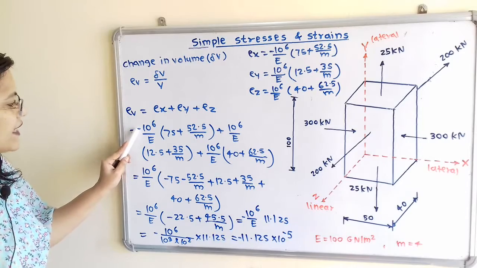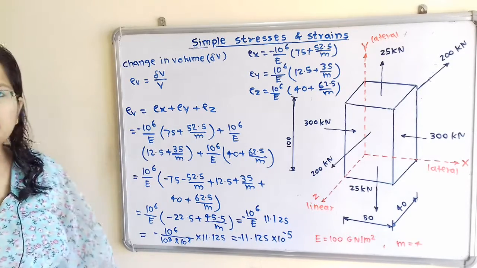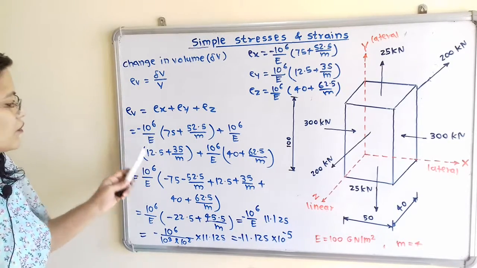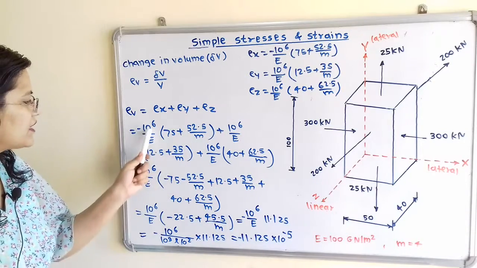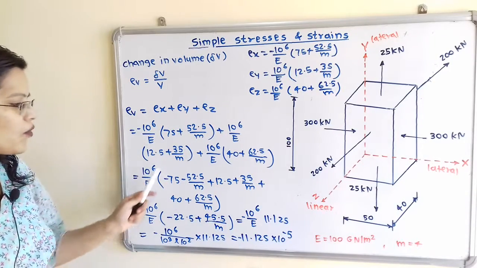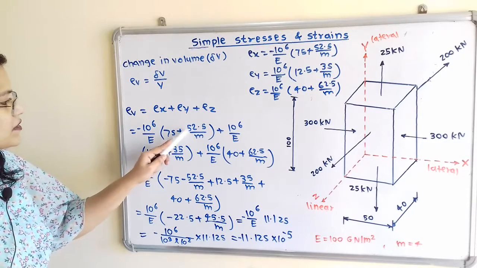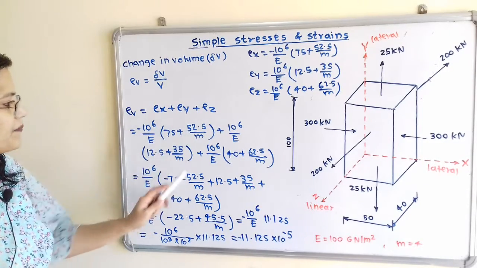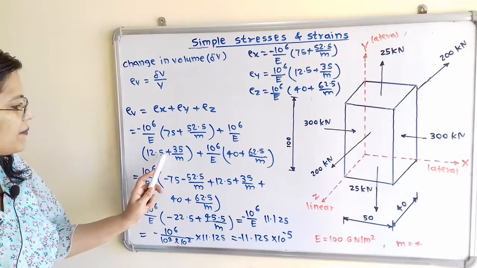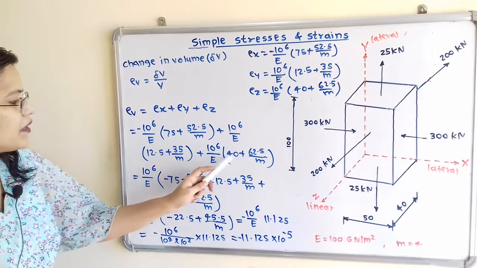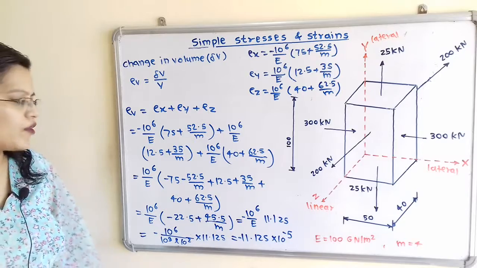So we will take this sign and multiply it inside the bracket. So we will take from this equation 10 raised to 6 by E as a common term, and inside the bracket minus 75 minus 52.5 by M plus 12.5 plus 35 by M plus 40 plus 62.5 by M.